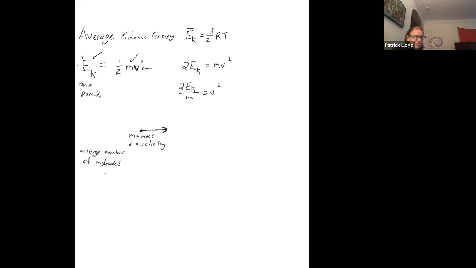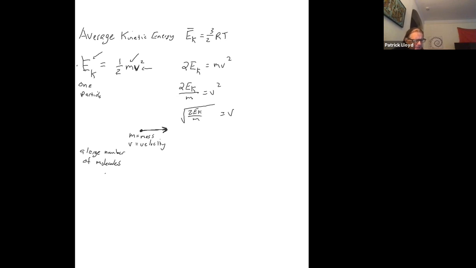And then you would take the square root of both sides. So you'd have the square root of 2Ek over m, and that would be your velocity. So what this tells you is the velocity is determined by the kinetic energy, but also by the mass. The mass is important.